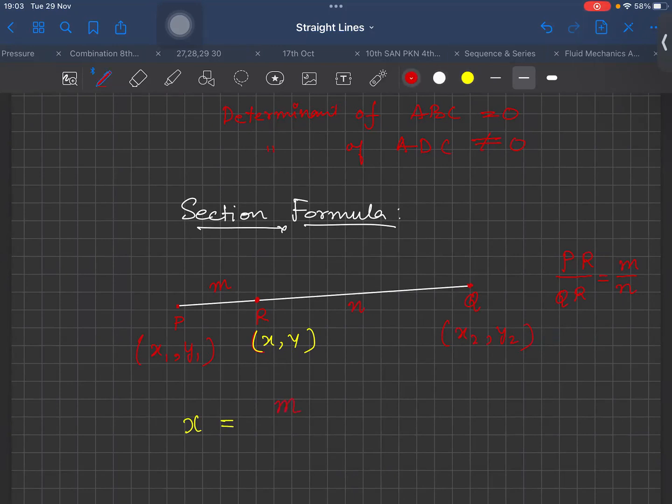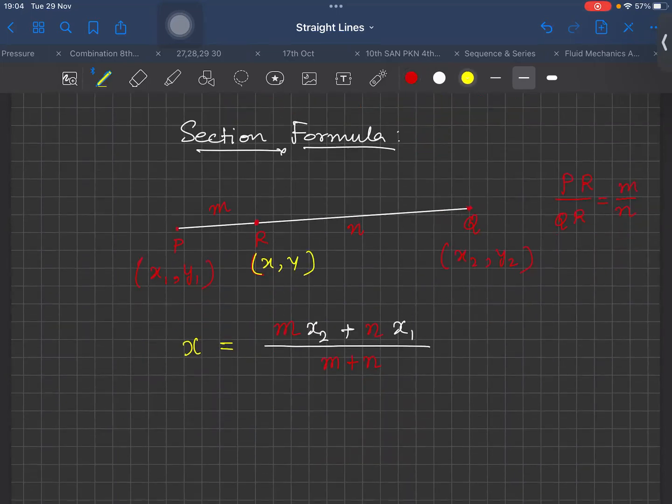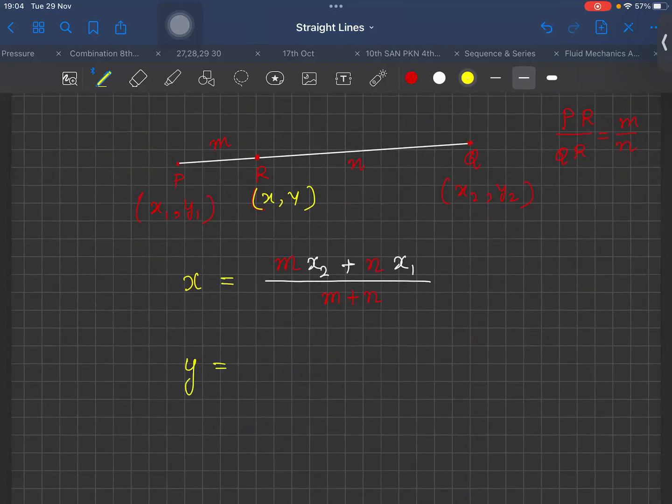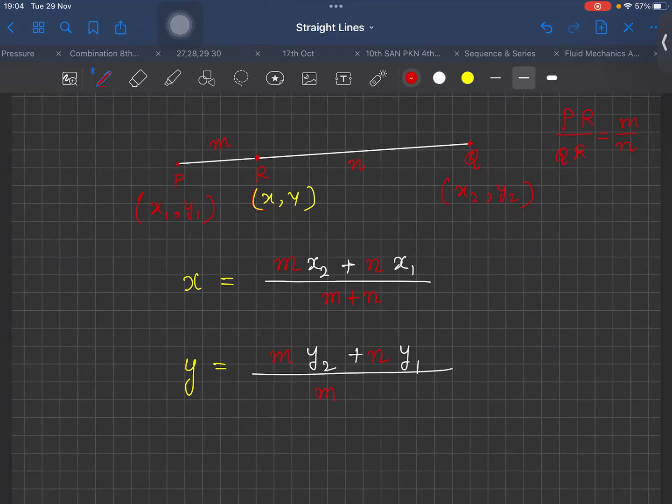Do you know? m times x2 plus n times x1 divided by m plus n. Okay. Similarly, how do you find y? Same way. y will be equal to m y2 plus n times y1, whole divided by m plus n.